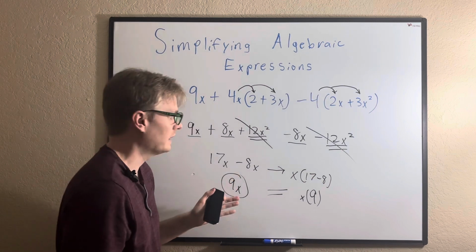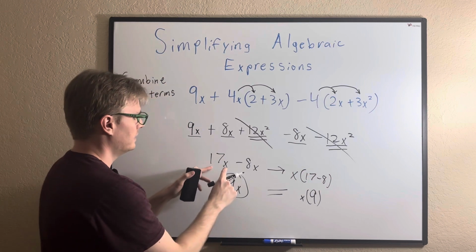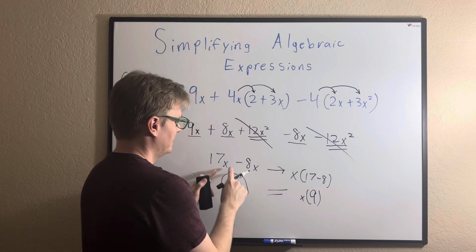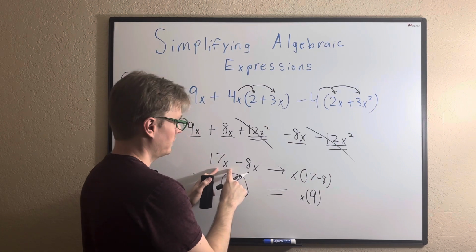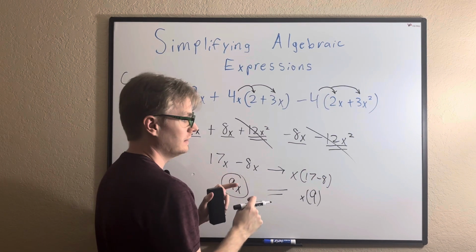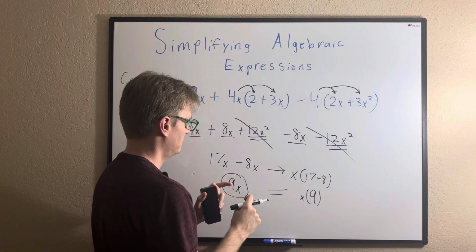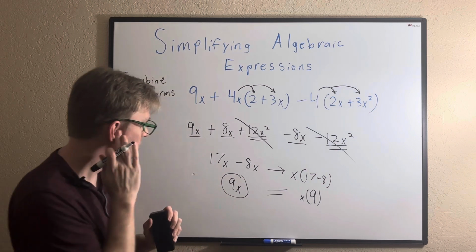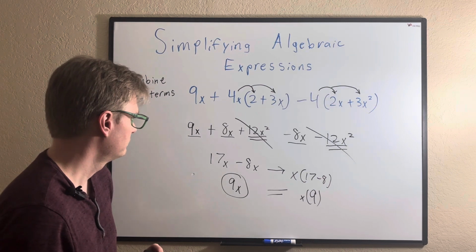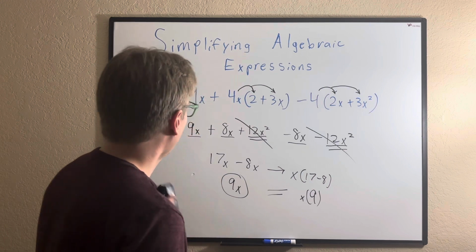See, if x was 2 again, it would be 17 times 2 minus 8 times 2, which is what, 34 minus 16, 18, I think. Check me on that. But yeah, that's how that works.